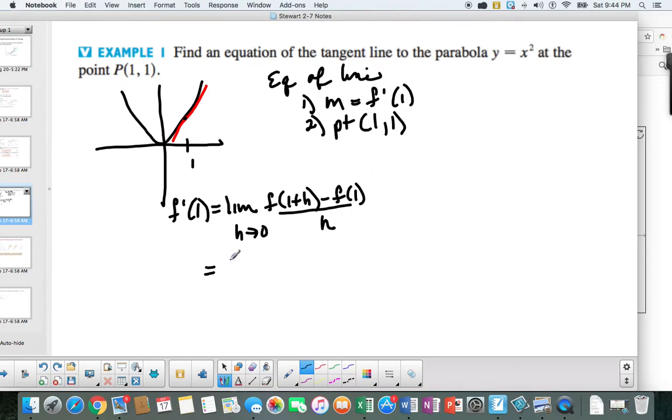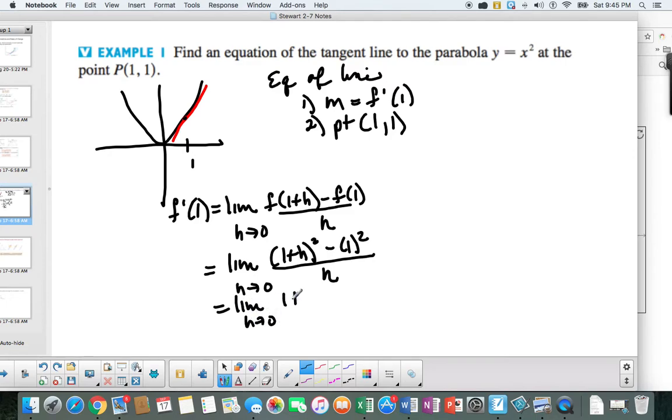And now I'm going to substitute those input values in. So this is going to be (1 plus h) quantity squared minus 1 squared, all over h, limit as h approaches 0. This is going to be 1 plus 2h plus h squared minus 1, over h.